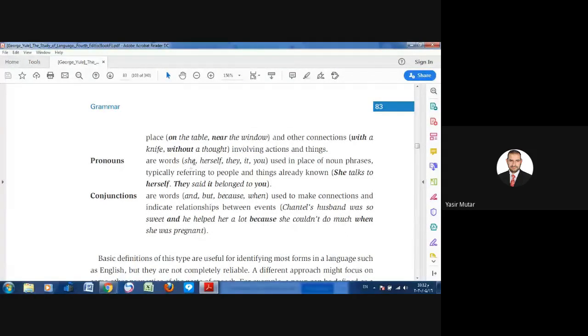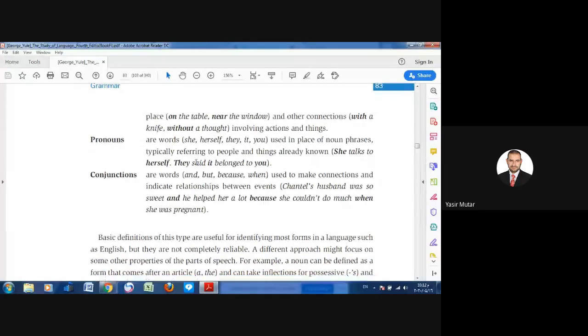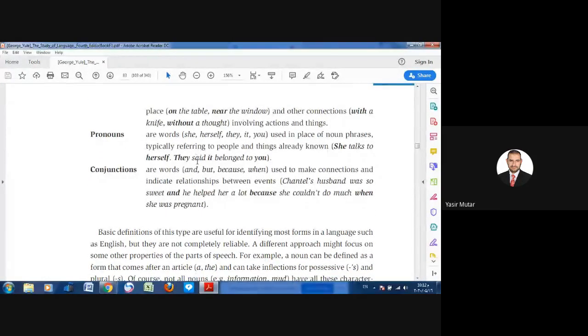Pronouns. Yes, we know what pronouns are. For example, I, he, she, it, we, you, they. And these are pronouns. We have, for example, here possessive pronouns, and myself, herself, themselves. They and it are pronouns. We have object pronouns.